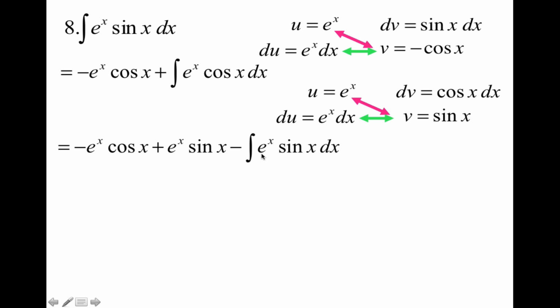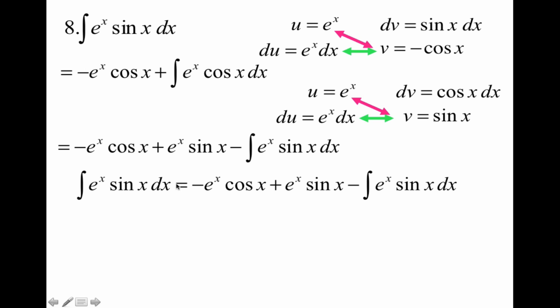Or do I? So if you notice up here, you are trying to get this by itself. This is the integral you want, right? So really, we have this big equation. We have that this integral is equal to negative e to the x cosine x plus e to the x sine x minus the integral of e to the x sine x dx.